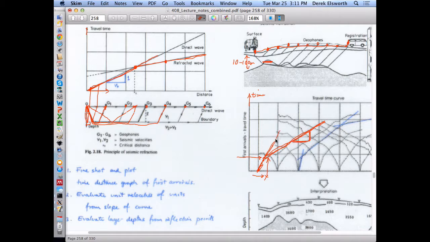And so you get a slope for this. This slope here for the reflected wave is merely an indication of the travel time multiplied by the distance traveled. And so the slope of this is just the seismic velocity.